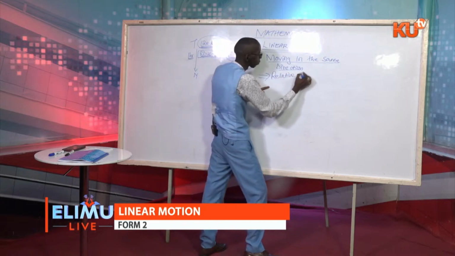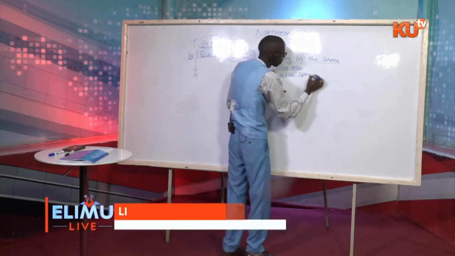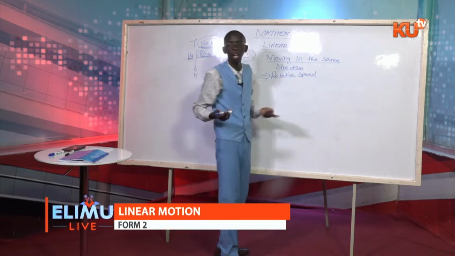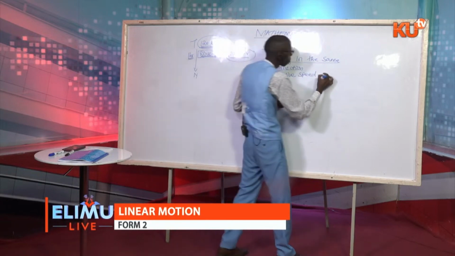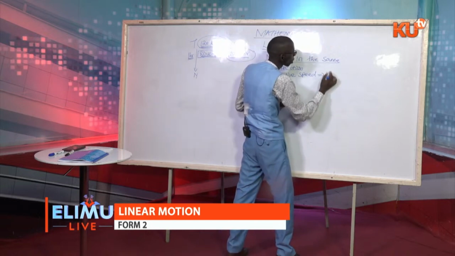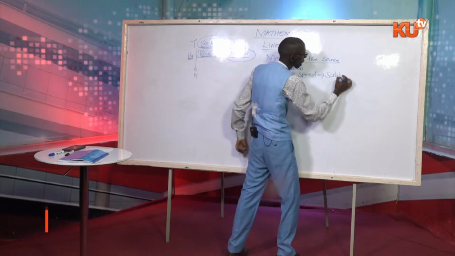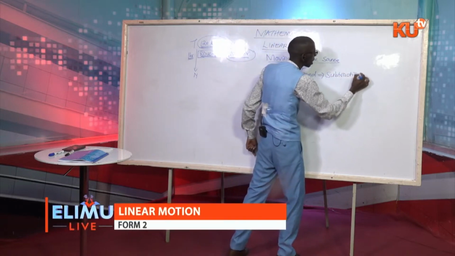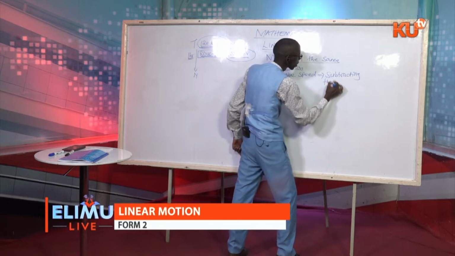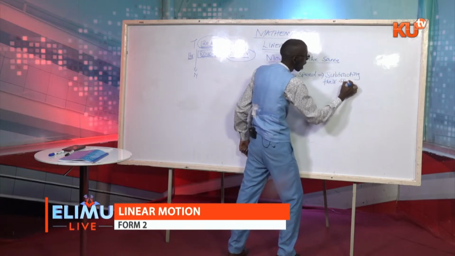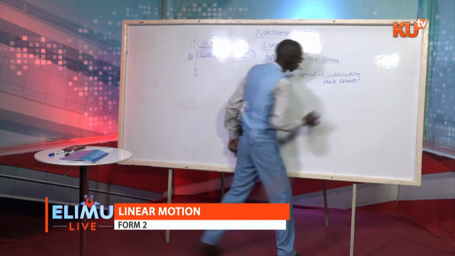The relative speed for vehicles moving in the same direction is given by subtracting their average speeds.